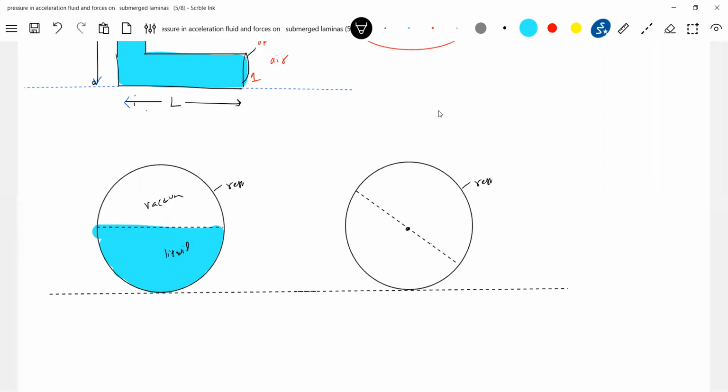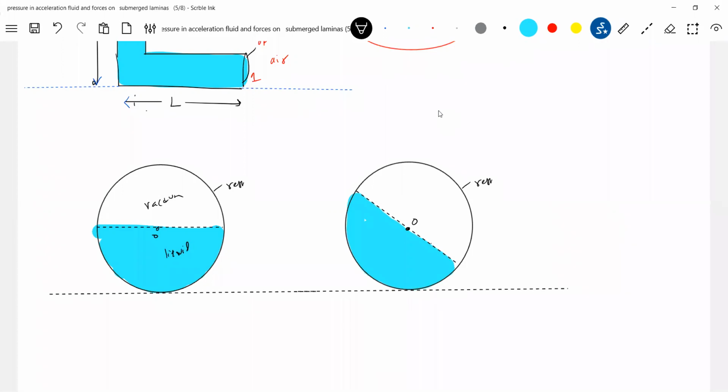It can happen like this. It's a half fill, no? So this can be one position. I think through a diagram it will be on the safer side.